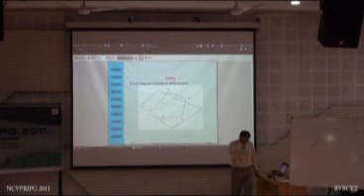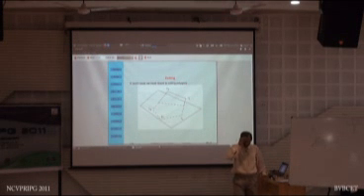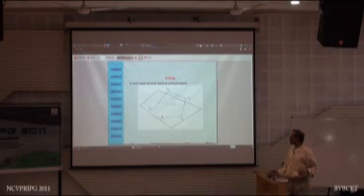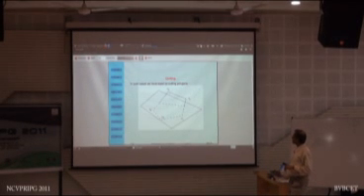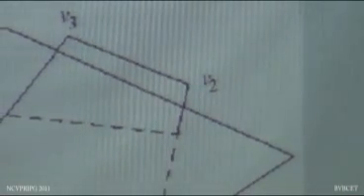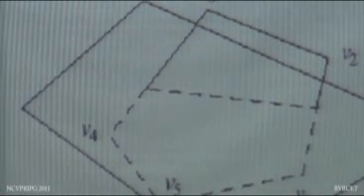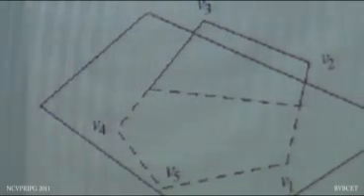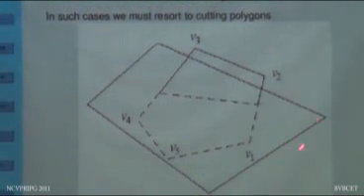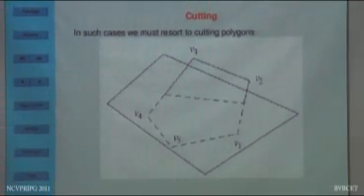First thing is that there is a concept of cutting coming in. We won't cut all the polygons, but sometimes we'll have to cut a polygon. For example, here there is a polygon V1, V2, V3, V4, V5, a pentagon in front of this quadrilateral, but the pentagon is also behind the quadrilateral.